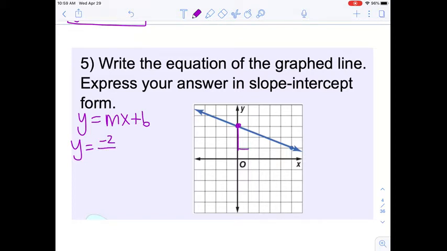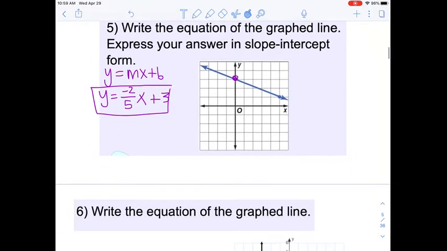My rise is 1, 2, so -2 over 1, 2, 3, 4, 5, so -2 over 5. It's a -2 because we're going down. It's a +5 because we're going to the right. So now I have my slope, so I'll plug in my x, plus, and then this is just the y-intercept, which is at 0, 3, so +3.